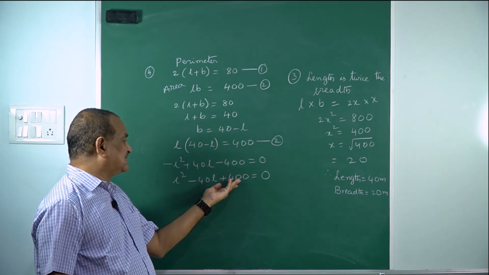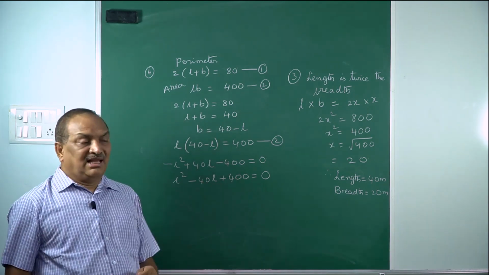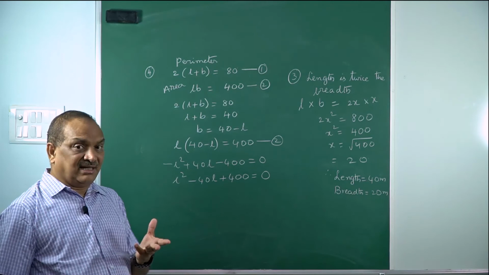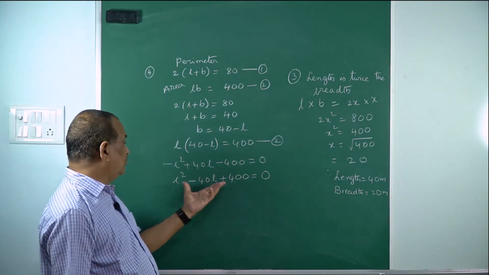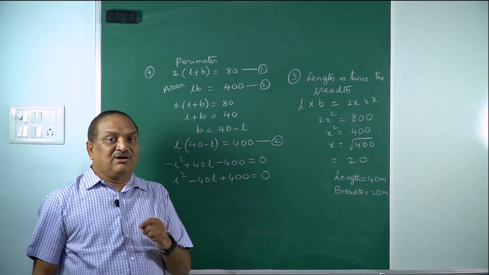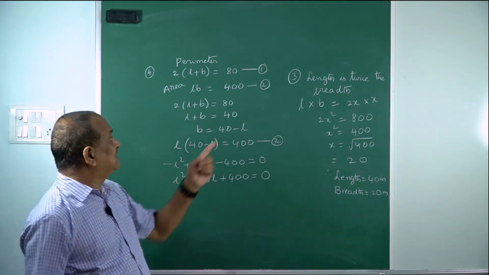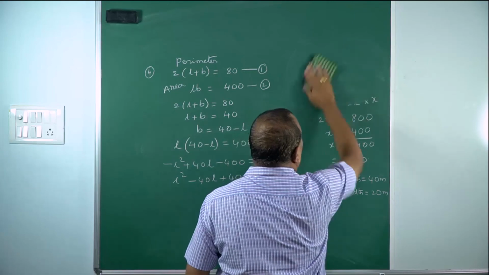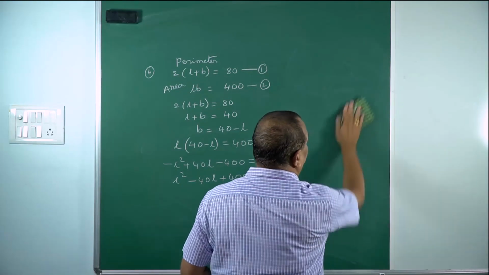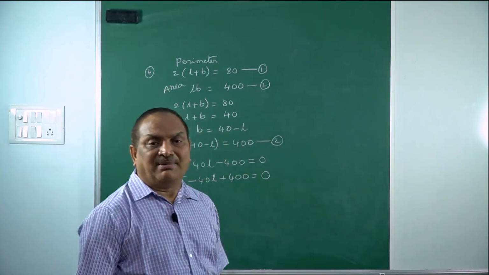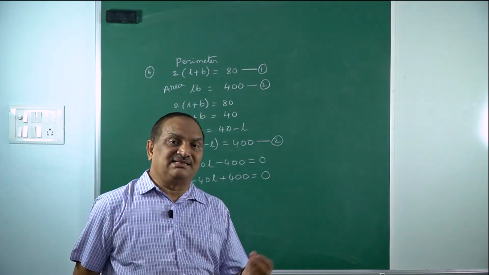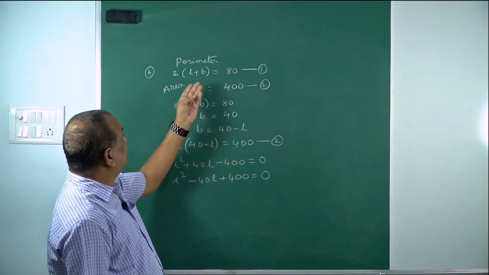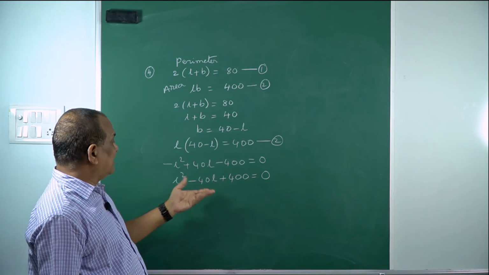Is it possible? He is asking. Can you try? Because if you get the value of L, you can say you can have a park with those dimensions where the perimeter is 80. Let us work it out.